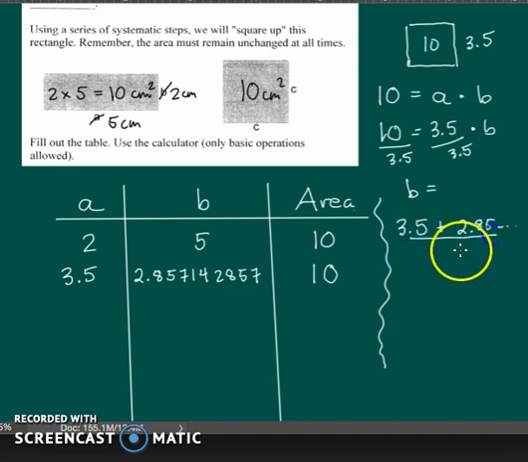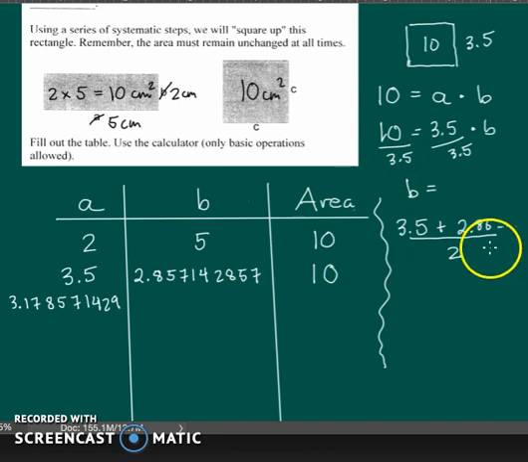I'm going to divide that by 2, and if you do that, you will get 3.178571429. Phew! Again, that's a number that we had to round at the end.